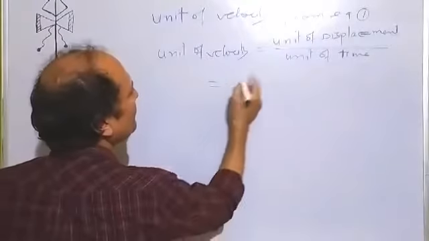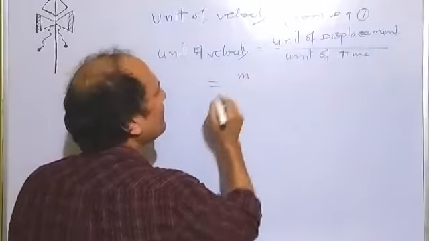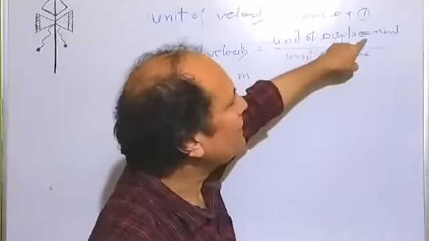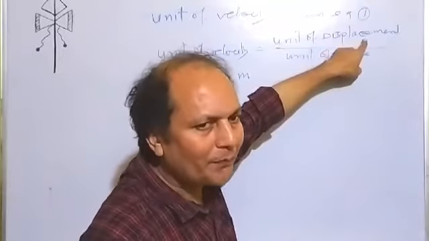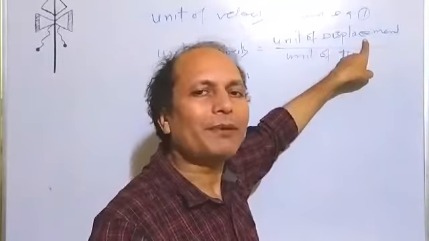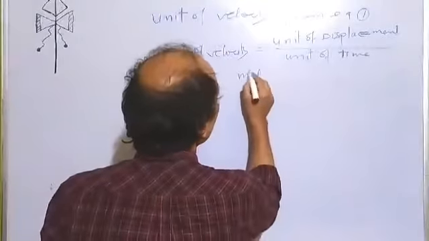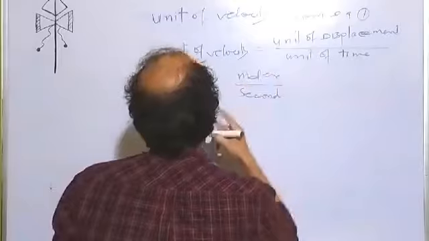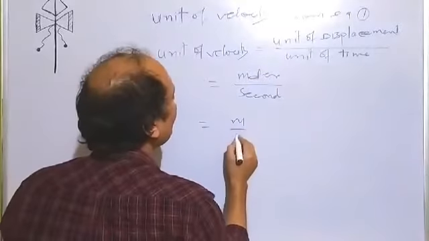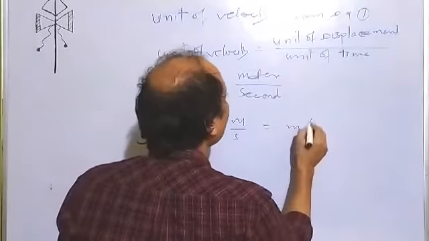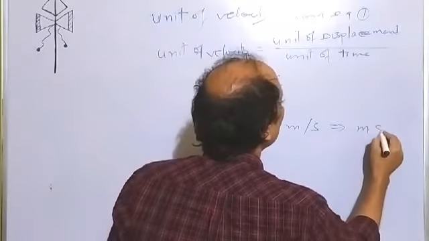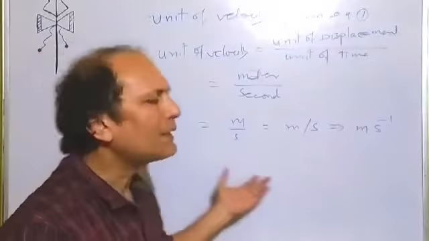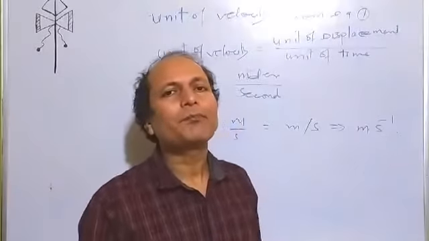Displacement is also related with distance, so the unit of displacement will be the same as the unit of distance, meter, upon unit of time, second. Using notation meter upon second, otherwise meter per second, otherwise meter into second inverse. That is the unit of velocity. It means the unit of velocity is the same as the unit of speed, meter per second.